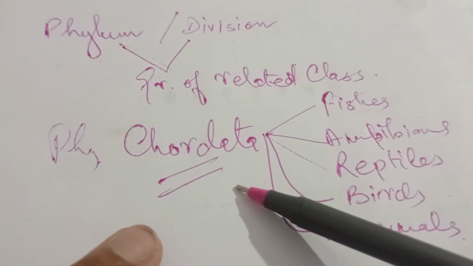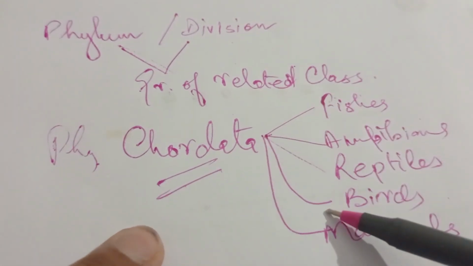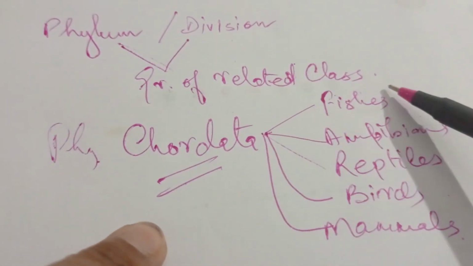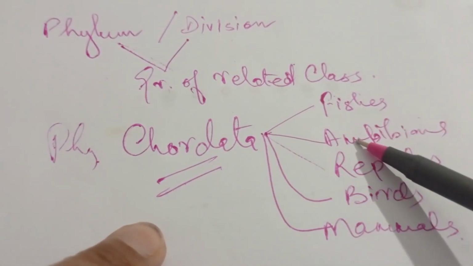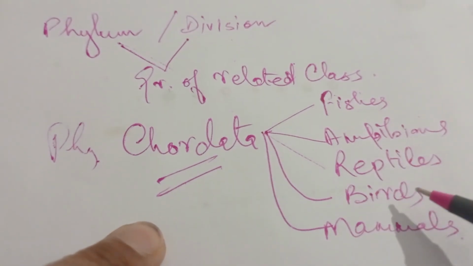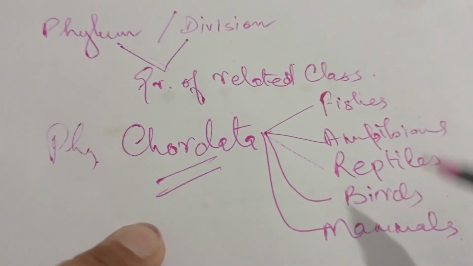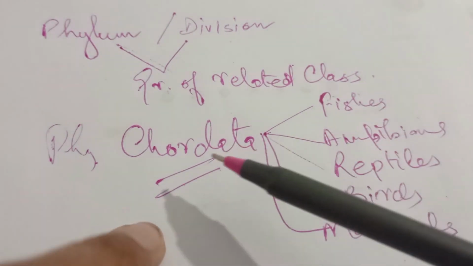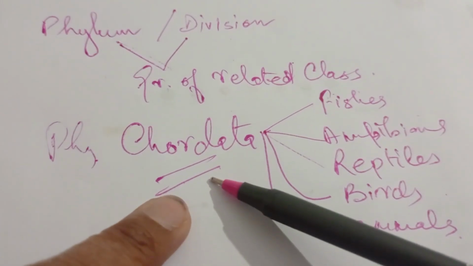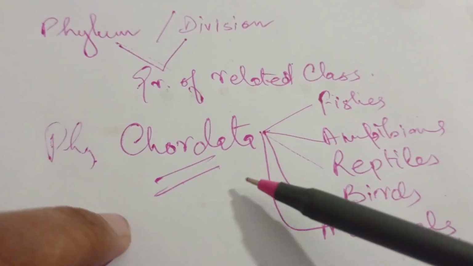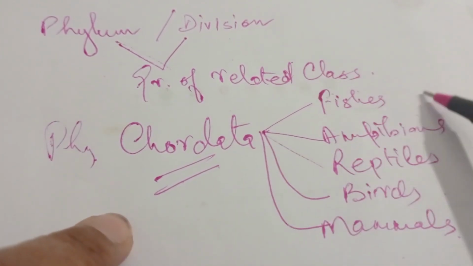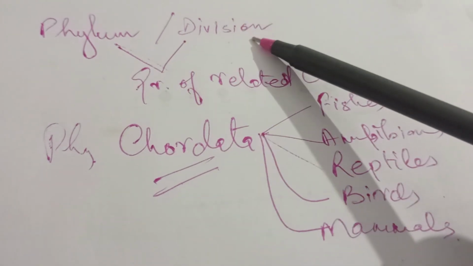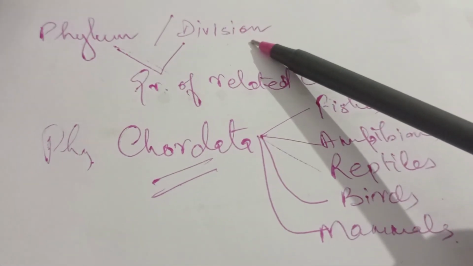Phylum Chordata has mainly 5 classes: fishes, amphibia, reptiles, birds and mammals. All these related classes come under phylum Chordata. So similarly, different related classes are grouped under a phylum in animals and a division in plants.